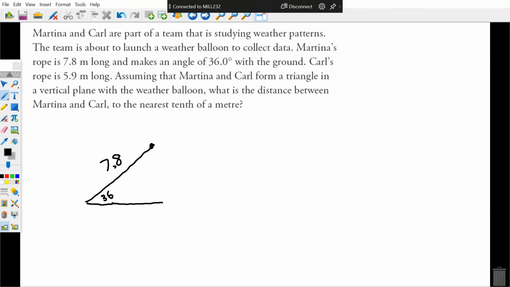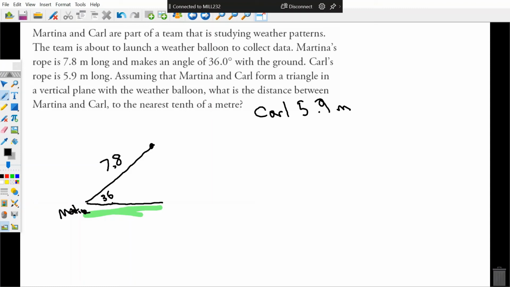Carl, his rope is 5.9 meters. And we need to figure out the distance, we're trying to find this length right here. What's the distance between where Martina is right here and where Carl is standing, and how far between them?